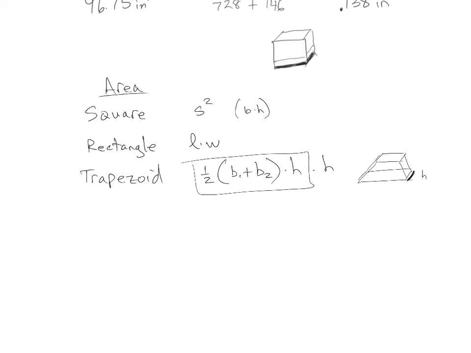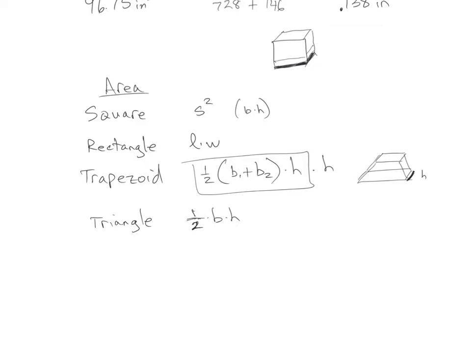And obviously the area of a triangle is 1/2 the base times the height, which everybody should know. That's good enough for now. You also have kites and other things, rhombuses, but we're not going to do those. So that's how you find volume. Make sure you find the area of the base and then multiply it by the height.